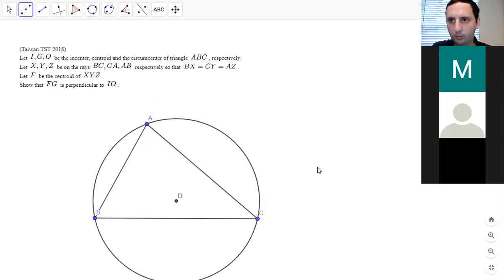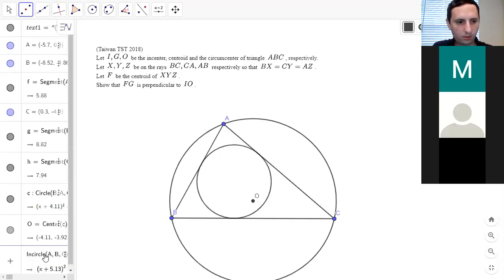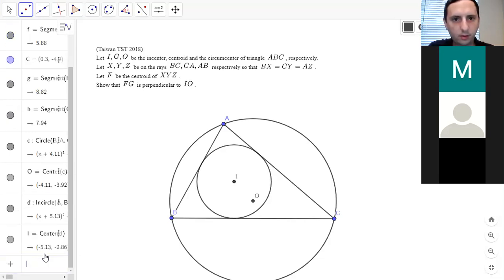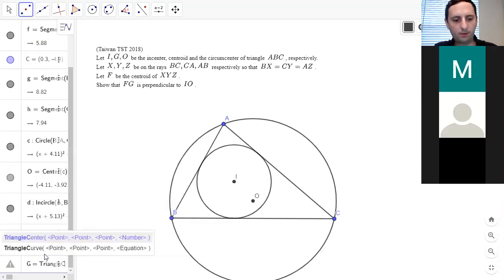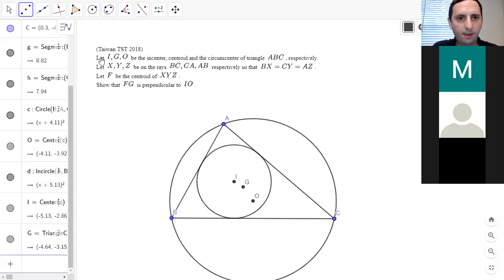So what I'm going to do, I'm going to draw the incircle, and then I is the center of D. There's the incenter. And G is the centroid. Do you know which triangle center that is? Okay. So there's G.